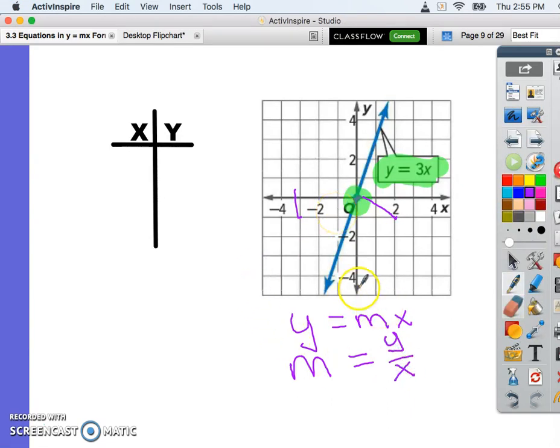So I'm going to put some points in here. 0, 0 I'm not going to use because that would be 0 divided by 0. But I do have this point right here. I'm going to use that point. So I have 1 as my x and 3 as my y. If I wanted to figure out what my m was, I could do y divided by x, and that would get me my m.